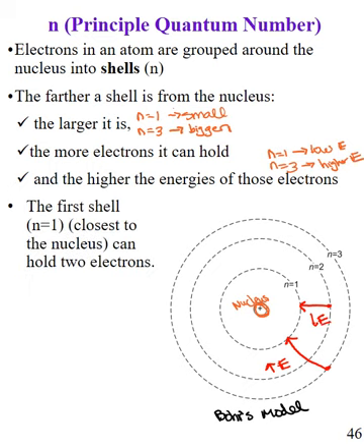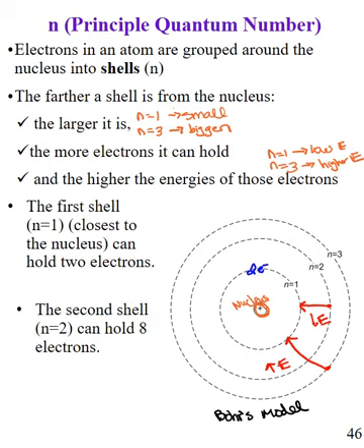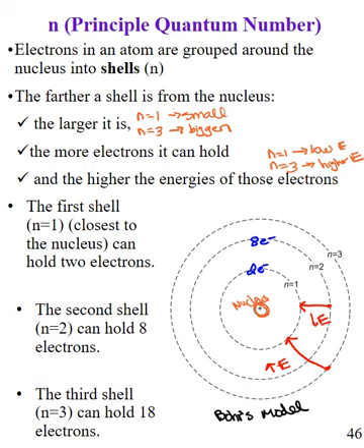Now the first shell, n equals 1, is closest to the nucleus, and it can hold only 2 electrons. The second shell can hold a total of 8 electrons, and the third shell can hold a total of 18 electrons.